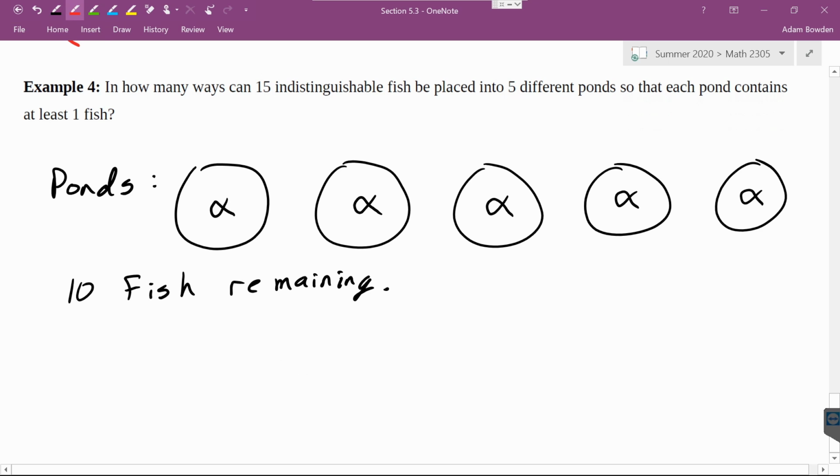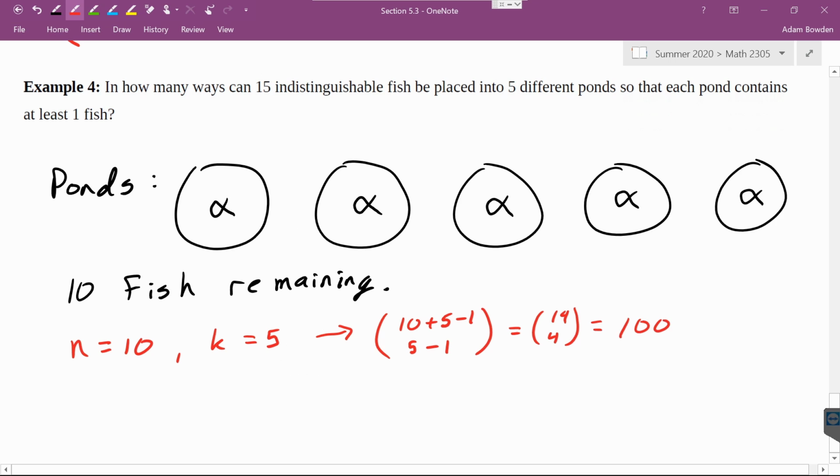So basically there are n equals 10 indistinguishable objects and k equals 5 different locations to place them, boxes or pools or ponds or bags. So the formula for this would go 10 plus 5 minus 1, choose 5 minus 1. And so we had the 14, choose 4, and that's 1001.